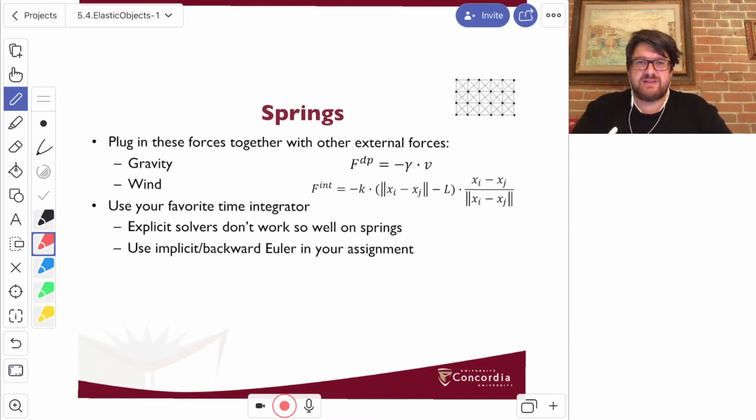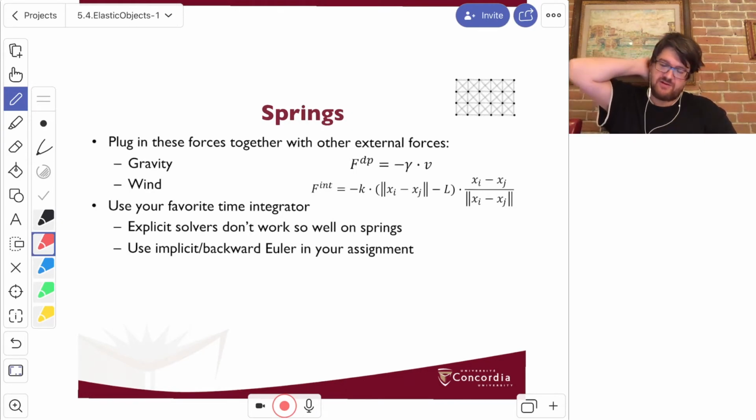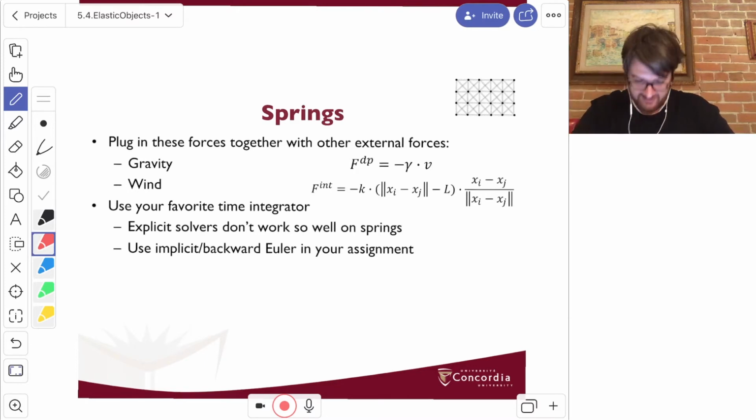But I have to warn you that using your favorite time integrator is a bit misleading, because if your favorite time integrator is explicit Euler, it's not going to work. There are some problems where the simple Euler methods work, but spring systems and cloth don't work so well. So typically you have to use implicit backward Euler, which is what you're asked to do for your assignment.